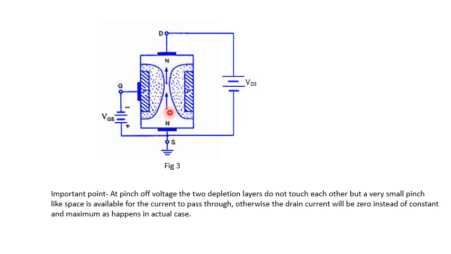So this point is to be noted: at pinch-off voltage, the two depletion layers are not touching each other, but are a slight distance apart. The channel width becomes minimum at this voltage, and throughout the saturation region.